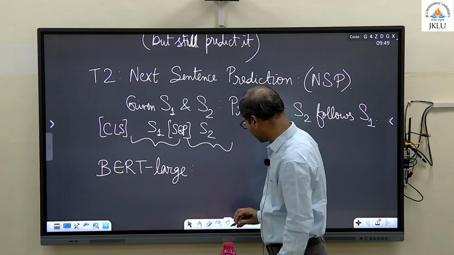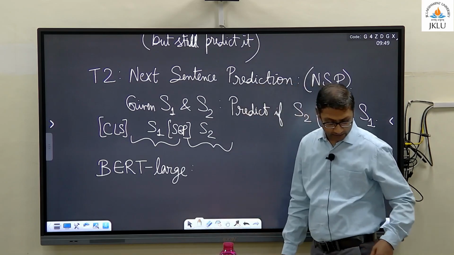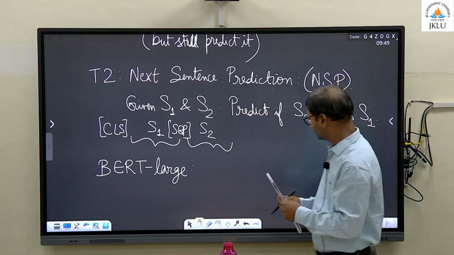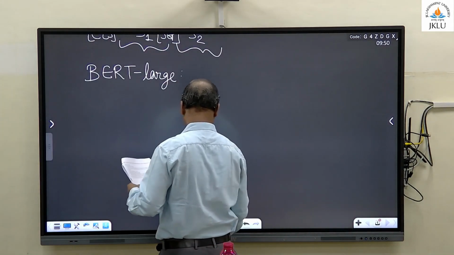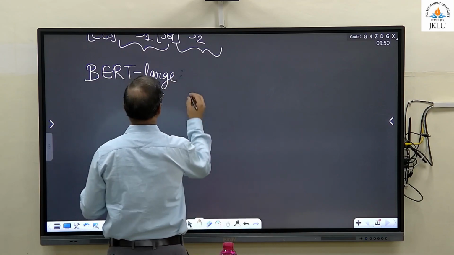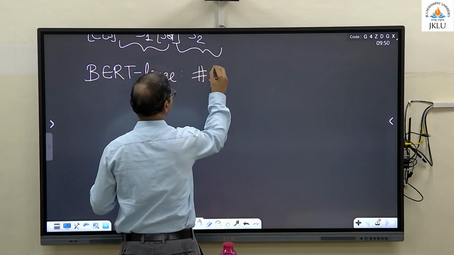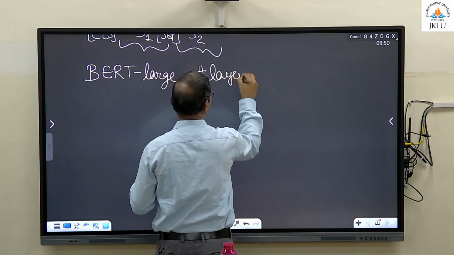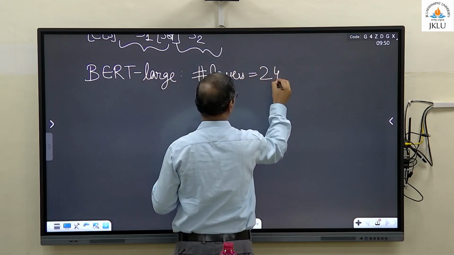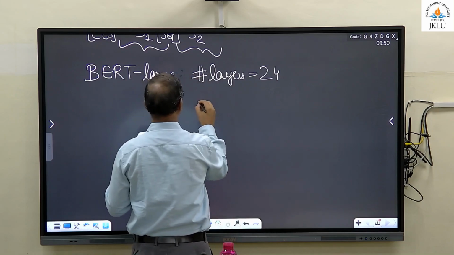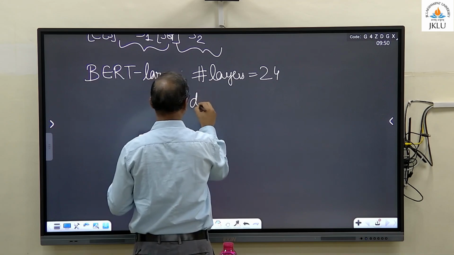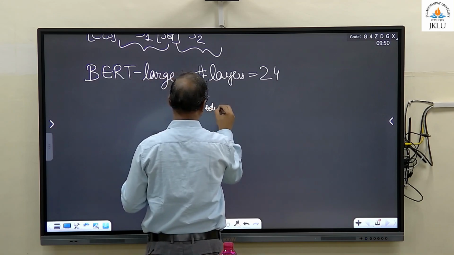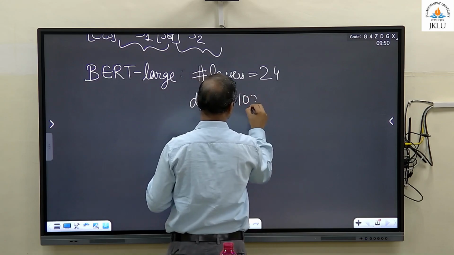Alright, so BERT large, what are the specifications of BERT large? The number of layers is 24, and what is D model? 1024.